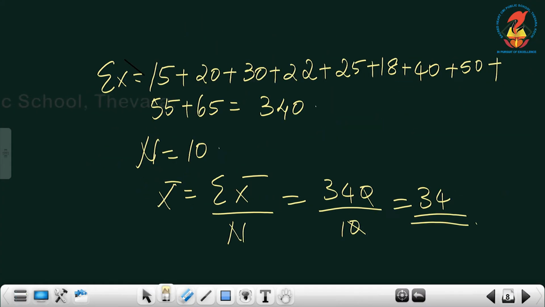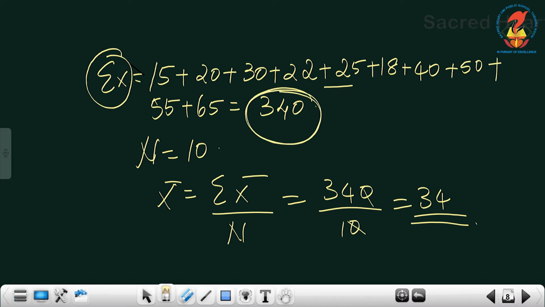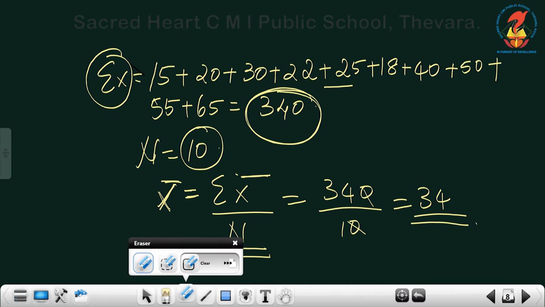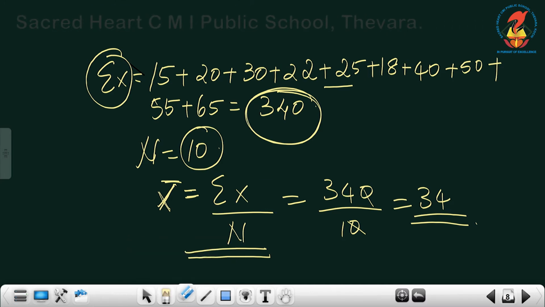Now let us find out sigma x. To find out sigma x, what you have to do? Sigma x is equal to add all the pocket allowances, and by adding all these pocket allowances you will get the value as 340. Now you know number of observations or students is 10. Apply the formula, x bar is equal to sigma x by n.